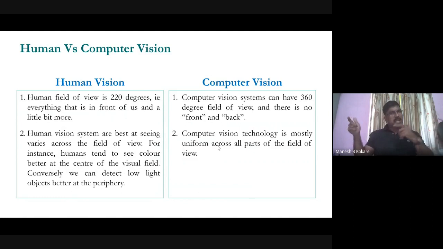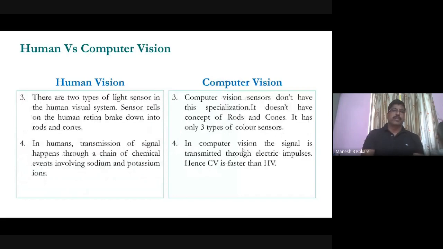But in a computer vision system, since all the cones, basically the red, green and blue channels, are equally distributed in the entire field of view, there is no concept of good vision at the center or bad vision at the periphery. Everywhere you will see the same kind of thing. So that is the second difference between human vision and computer vision.